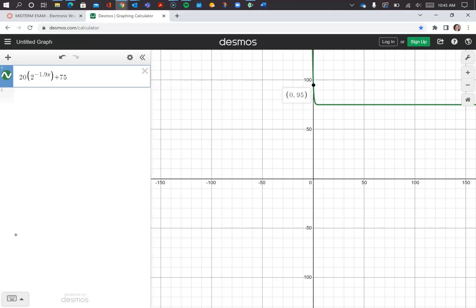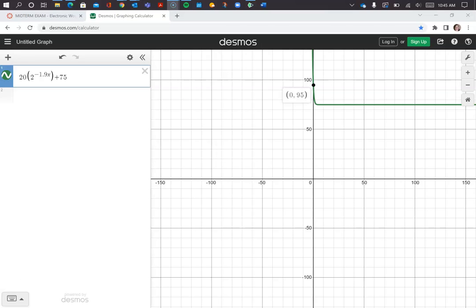We don't want to start over here when our time is negative, so that wouldn't be part of our domain. So think about the domain restrictions at that point. And you can also see where that horizontal asymptote is at 75, that it's approaching, and it's a really pretty steep curve there, or descent.